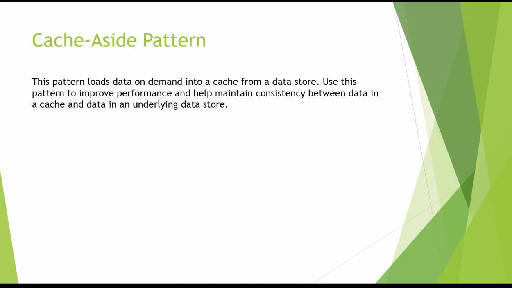Cache aside pattern. This pattern loads data on demand into cache from a data store. Use this pattern to improve performance and help maintain consistency between data in a cache and data in an underlying data store. It is very helpful for reliability.